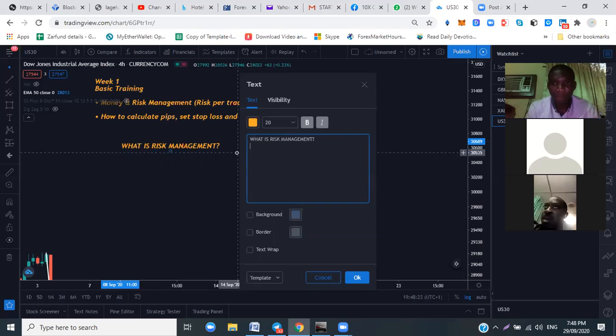When we talk about risk management, basically we are talking about how to apportion your money into a trade in such a way as to protect your capital while making returns.